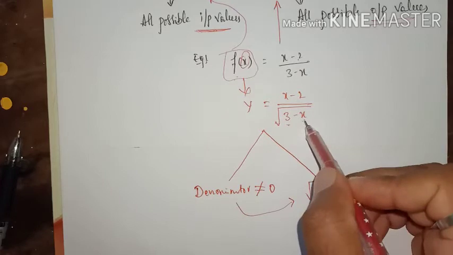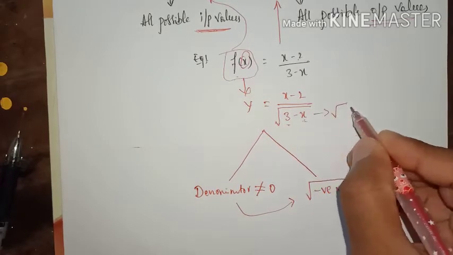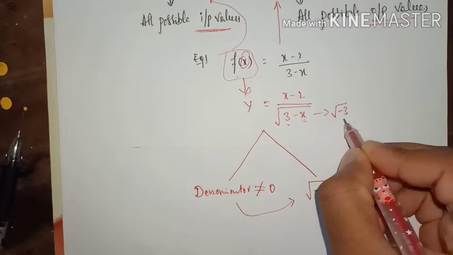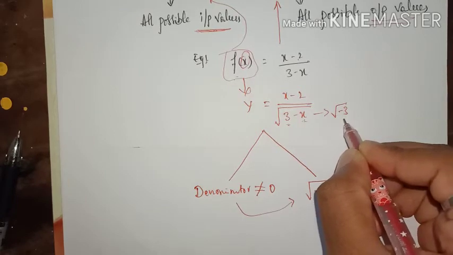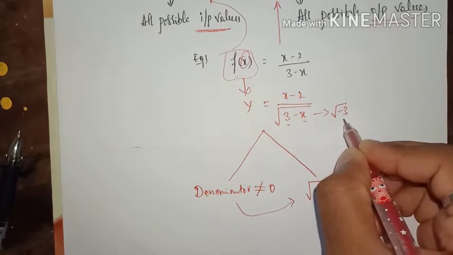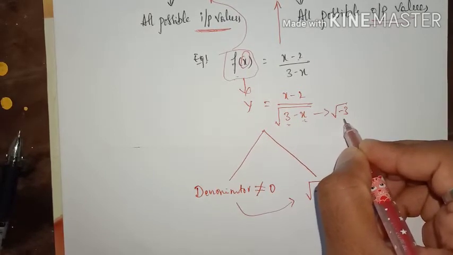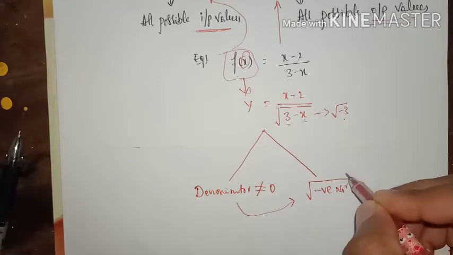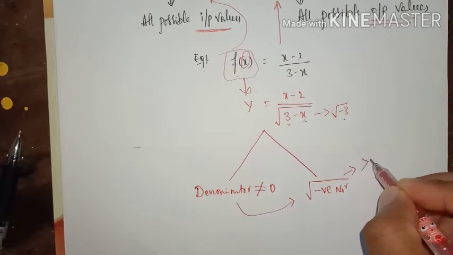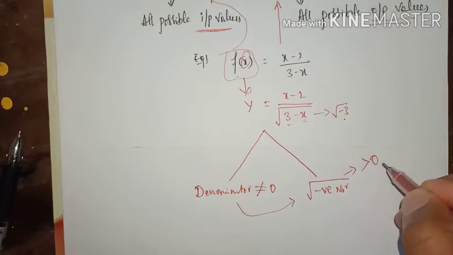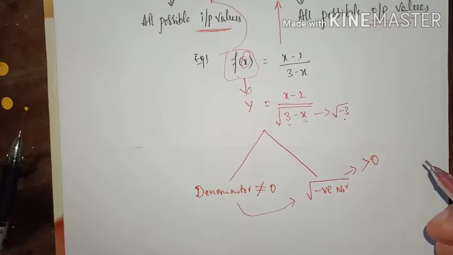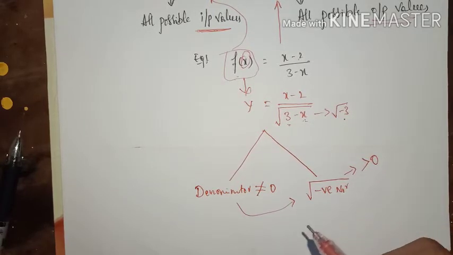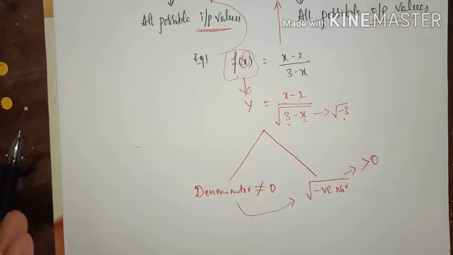If I go with 6, I'm going to get minus 3. We should not get a negative here. This one must always be greater than 0. Is it clear? Okay. These two are the very important points that you're supposed to remember, just a basic one.